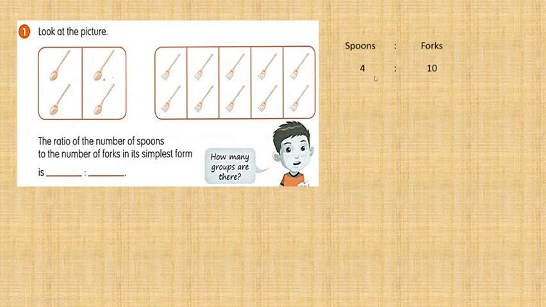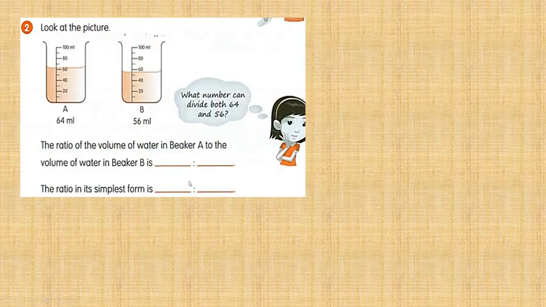Both of them are even numbers, so I can divide by 2. 4 divided by 2 is equal to 2, and 10 divided by 2 is equal to 5. So this is the simplest form. So the ratio of the number of spoons to the number of forks is going to be equal to 2 to 5.